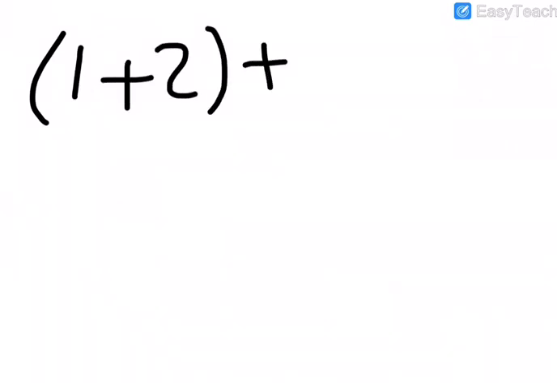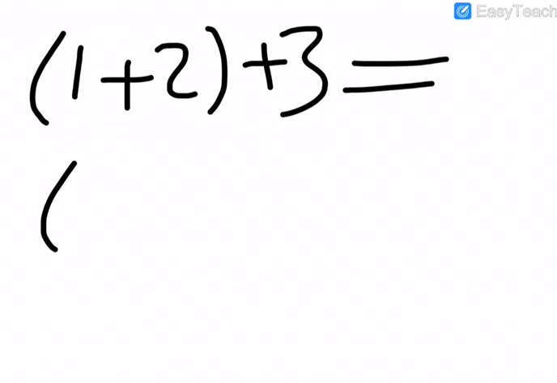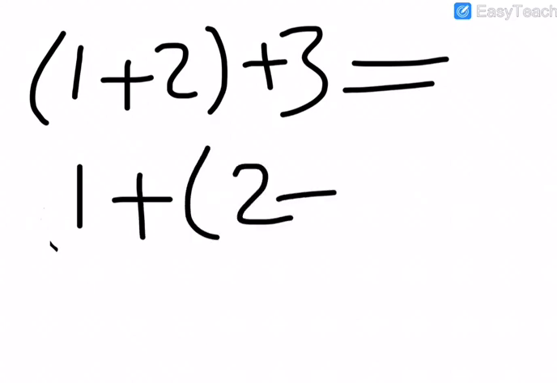Now we also had another property in numbers. We could say 1 plus 2 in parentheses plus 3 is equal to 1 plus 2 plus 3 in parentheses, right? It's the same. So in matrices, we also have the same.